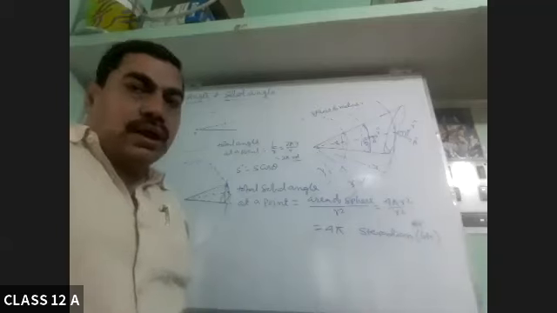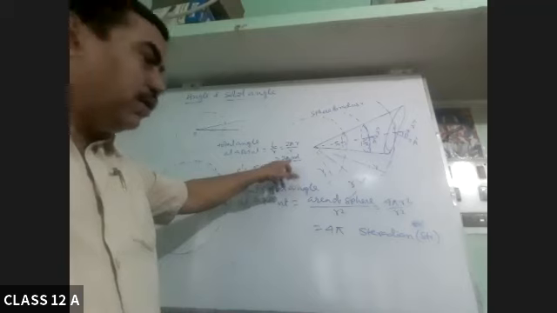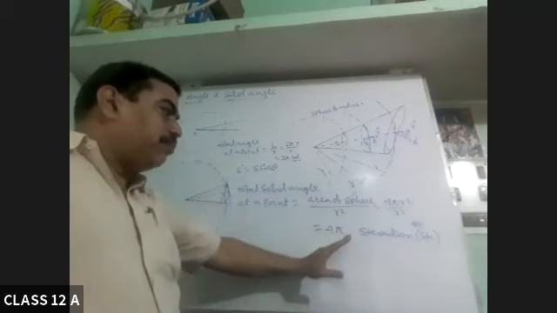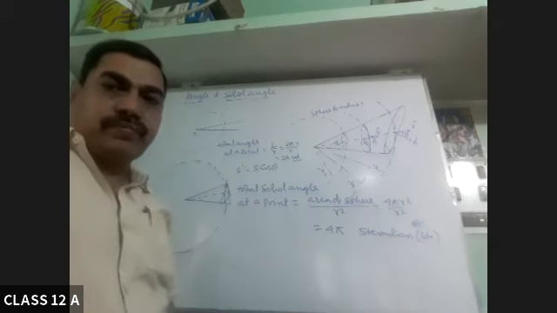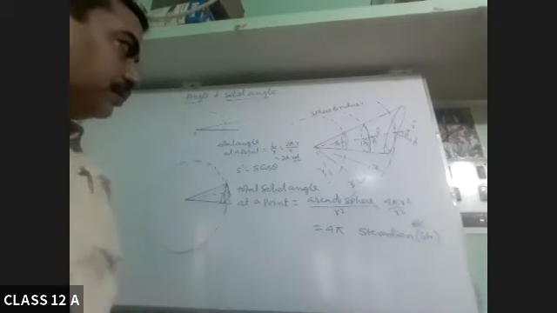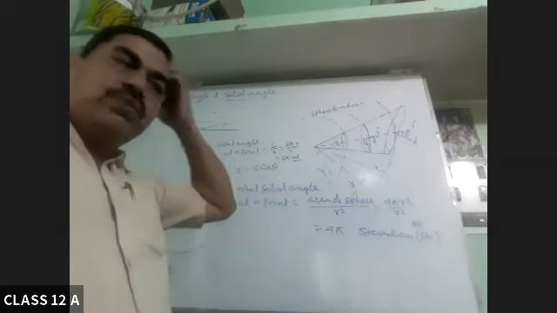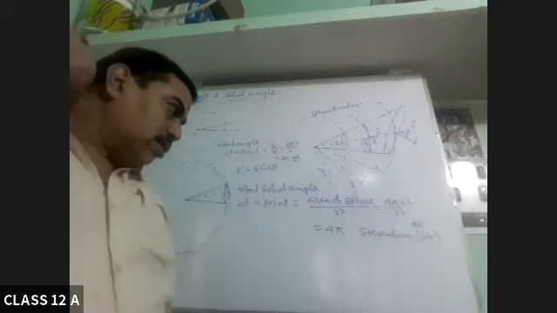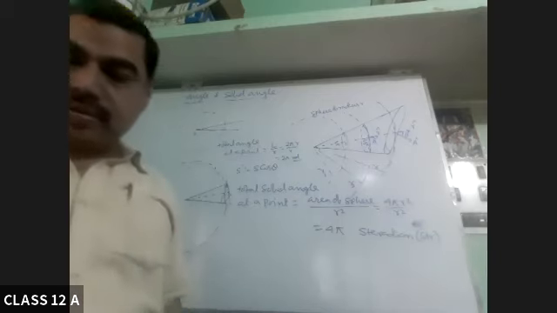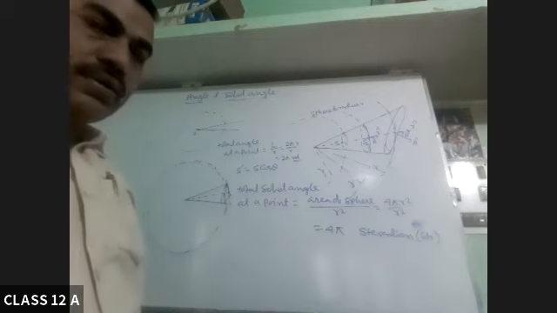So the total angle at a point is 2 pi radian or 360 degrees, whereas the total solid angle at a particular point will become 4 pi steradian. So these two things we will keep in mind before studying this Gauss theorem. Or any confusion?